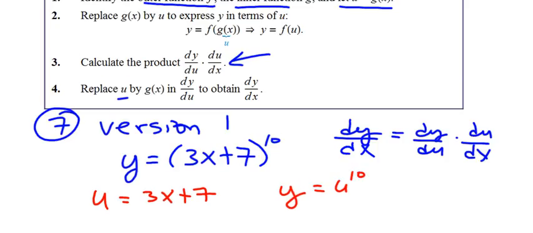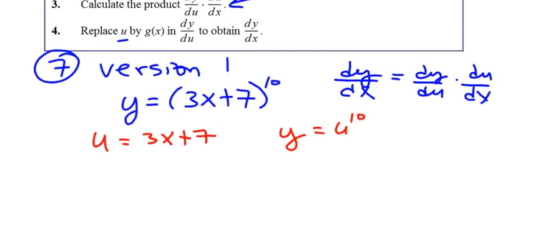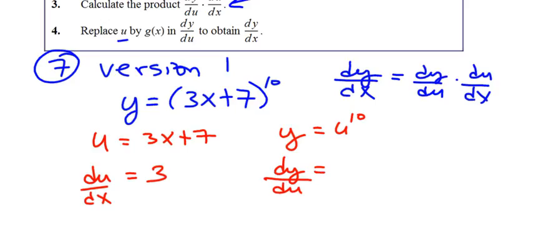So I'm using the u substitution in here. Then I want to take the derivative of this: du dx, taking the derivative of u with respect to x, is 3. And then in this equation, I'm going to take the derivative of y with respect to u. Using the power rule, I have 10u to the 9th power.